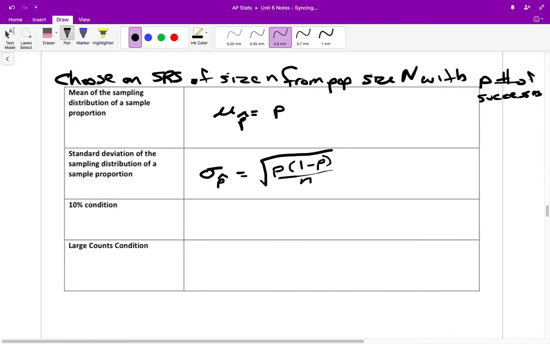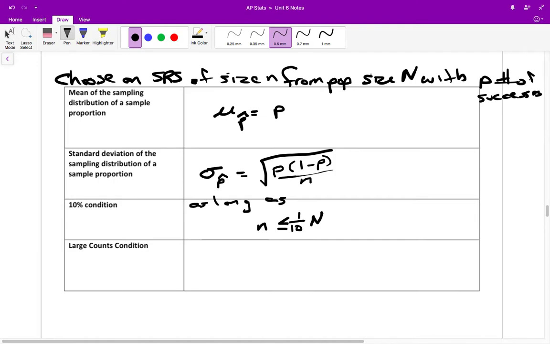Now, for the 10% condition, basically what that's saying is as long as your sample size n is less than or equal to 1/10 the size of your total population N, then that will work. If this is not true, then you cannot calculate standard deviation.